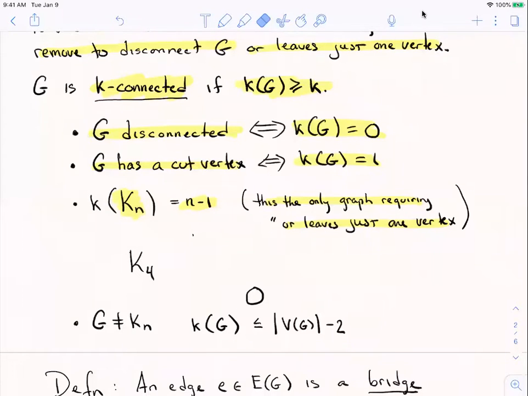If your graph isn't complete, its connectivity is never more than 2 less than the size of the vertex set. You never have to remove more than all but 2 of the vertices to disconnect a graph, unless it's complete. If the graph is complete, you need to take that one extra step.